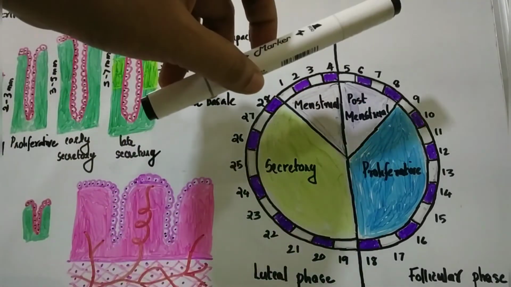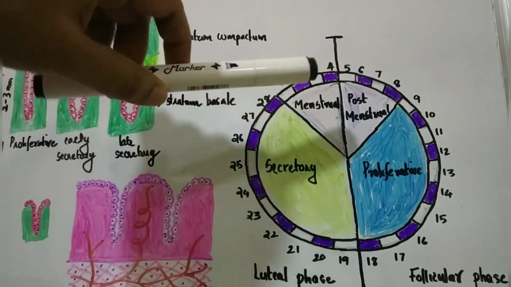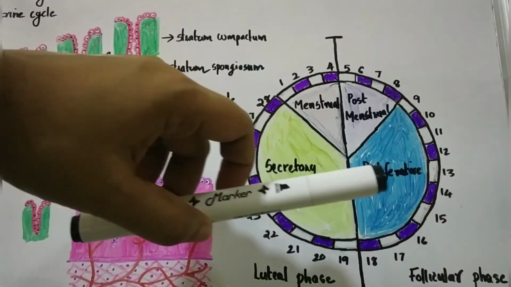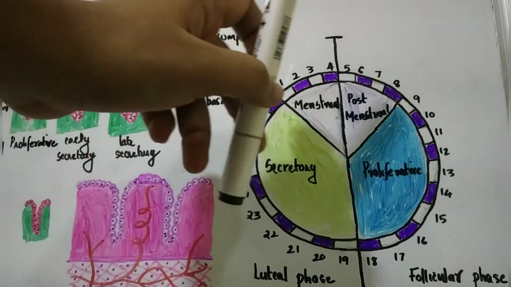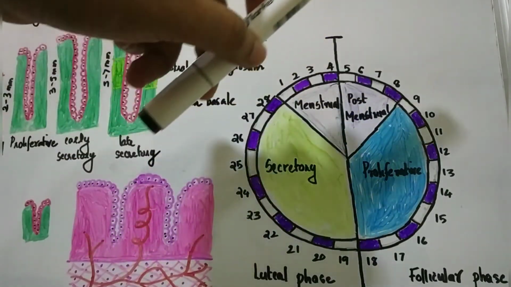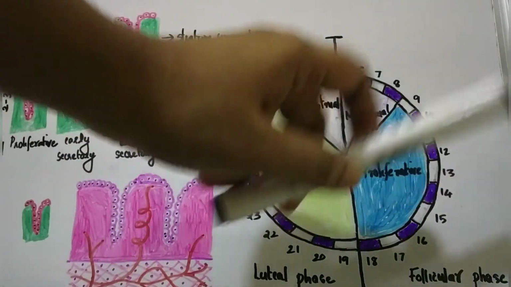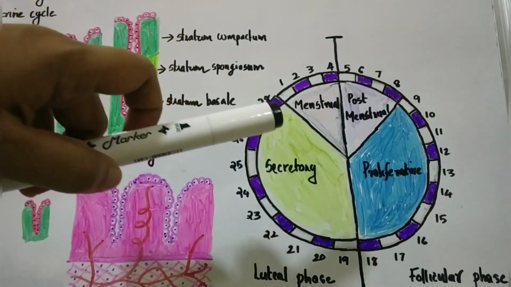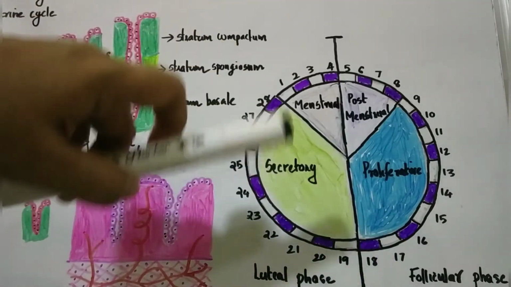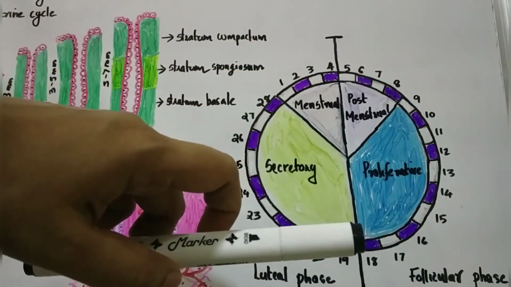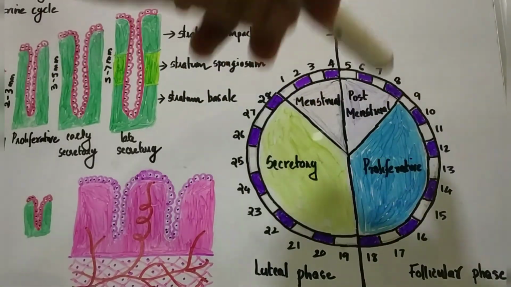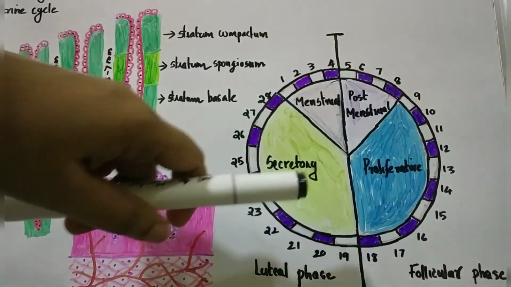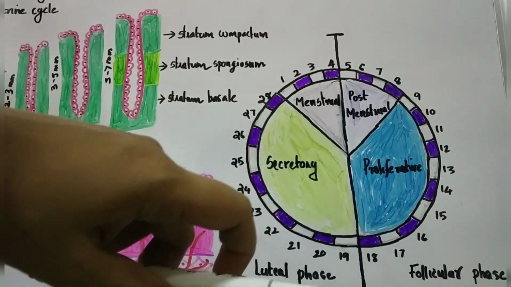In each of these stages, certain hormones from the ovary are involved. That is, the hormone produced by the growing follicle is involved in the proliferation of the endometrium, and the corpus luteum is involved in the maintenance of the endometrium. So, based on the ovarian cycle, the uterine cycle can be divided into 2 phases, the follicular phase and the luteal phase.